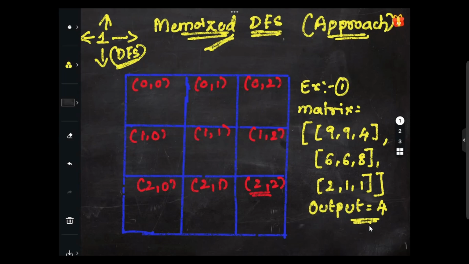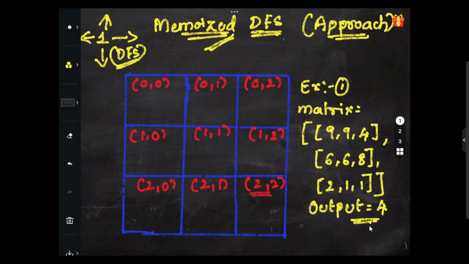The third step is memoization. To avoid recalculation in each cell, we will make use of dynamic programming, nothing but memoization. We'll use a 2D DP table to store the longest increasing path from each cell i, j.